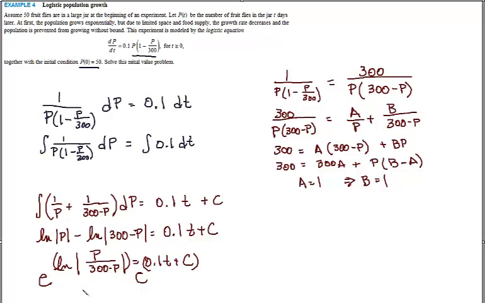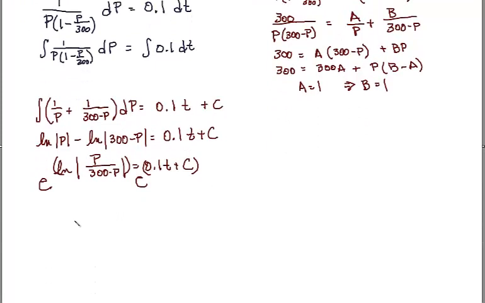That way the left hand side is the absolute value of p over 300 minus p, and then the right hand side is going to be, and I can split this up into two separate factors, e to the 0.1 t times e to the c. I can split that up because I add exponents when I multiply, so this is the same thing.